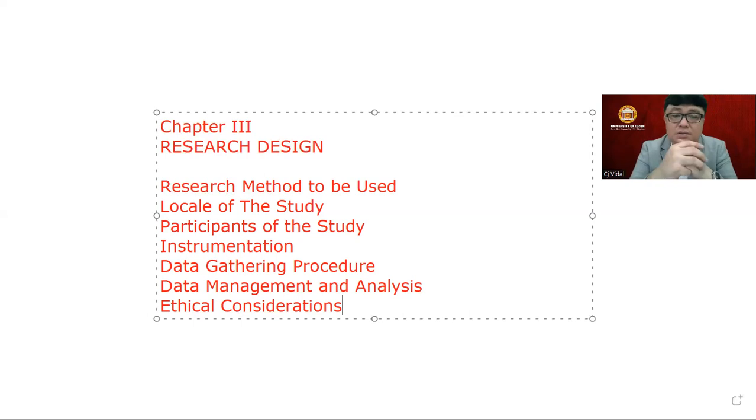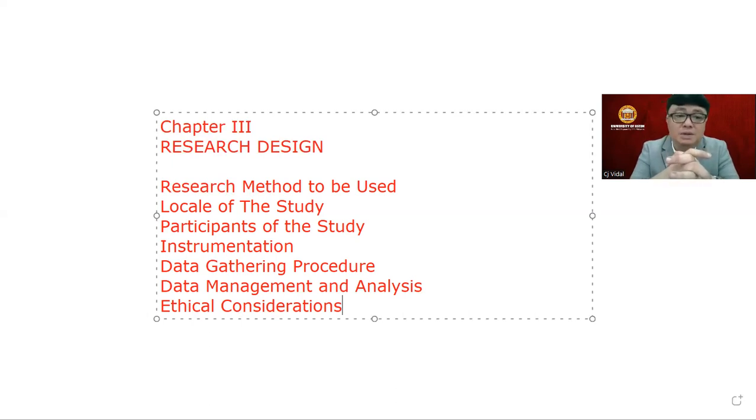So that will be for the different types of method. In addition to what I have mentioned, there are a lot more. It will depend primarily on the objective of the study, or the project that you are proposing. So that's the first.